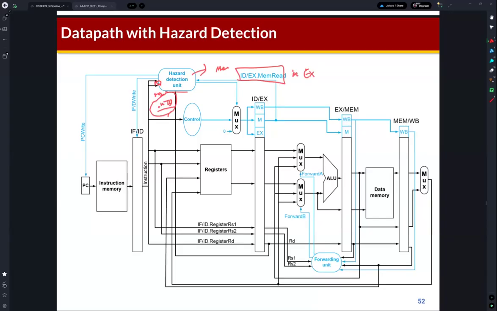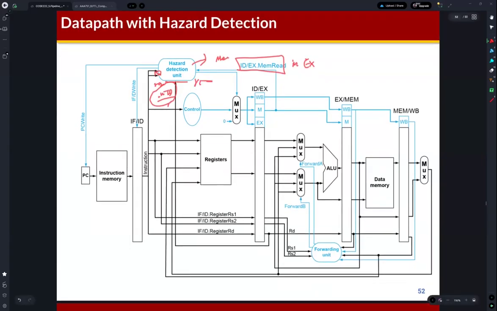And then it also receives the RD in the EX stage. You can find this line here.